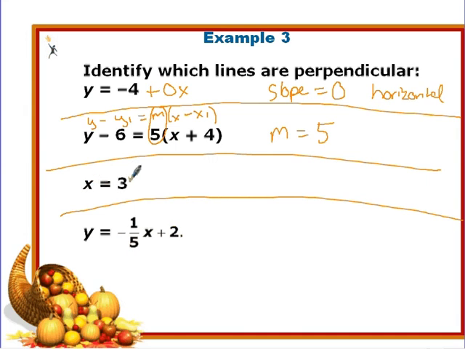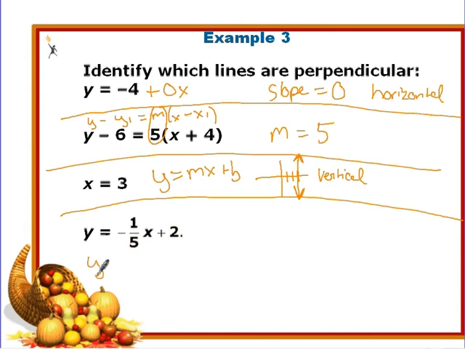There's really no slope here because slope is whatever's in front of x, but it would have to be in the y equals mx plus b format. It's not. If you graphed x equals 3, you would just find 3 on the x-axis, and you would draw a line that goes through 3. That's a vertical line, right? Vertical line.